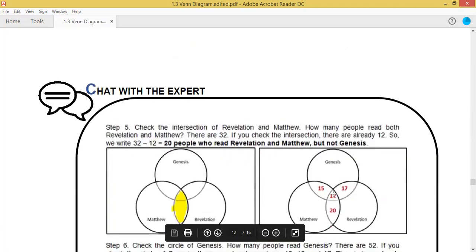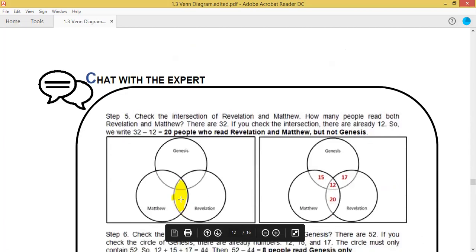Next, let's have this area, Matthew and Revelation. If we check the problem, there are 32 people who read both Revelation and Matthew. But there's already 12 in the middle. So that means we subtract 12 from 32. We'll get 20.